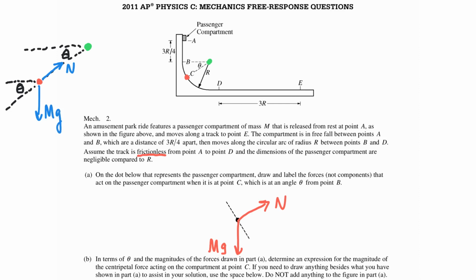In our equation for part B, which needs to be an expression for the magnitude of the centripetal force, we recognize that N points toward the center of the circle, but so does a component of mg. Part of mg points parallel to the surface, but more importantly to us, there is a component of mg which points away from the center of the circle in the direction opposite of N.